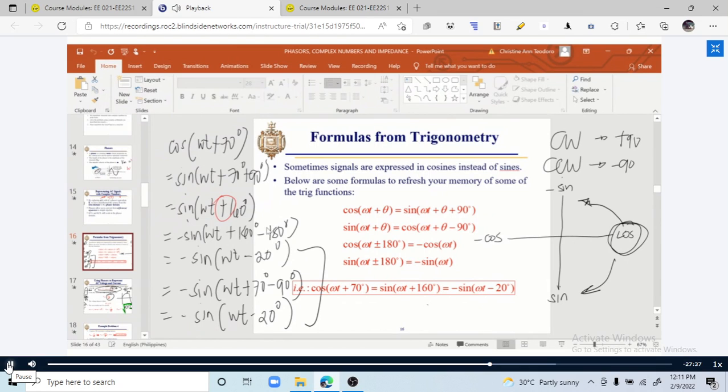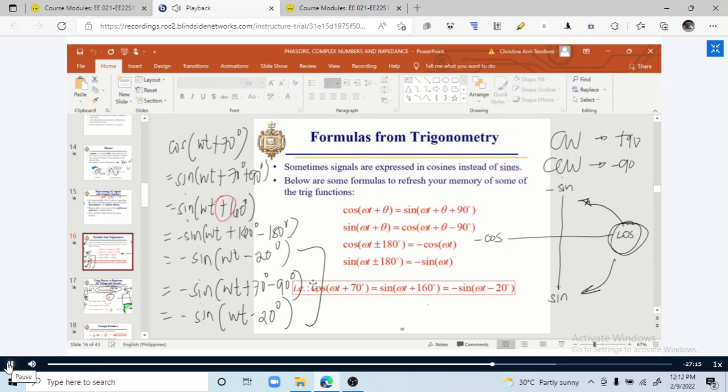Yes, it must be the opposite of this one. So negative sine omega t plus 160 degrees minus 180 gives you negative sine omega t minus 20 degrees. So from sine to negative sine, this is now negative sine omega t minus 20 degrees.